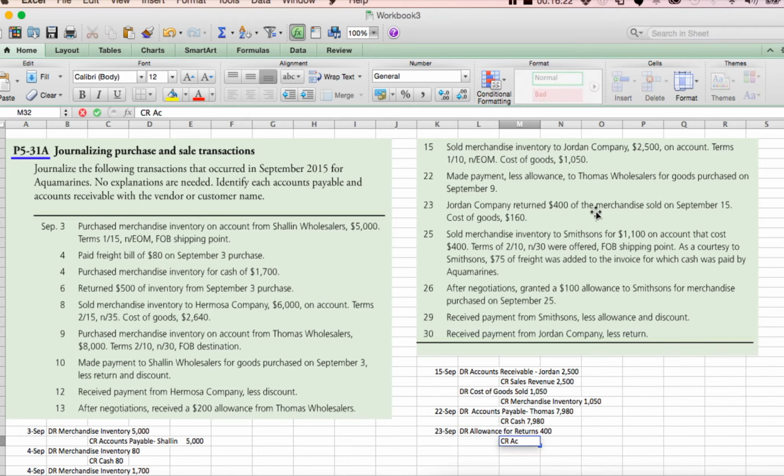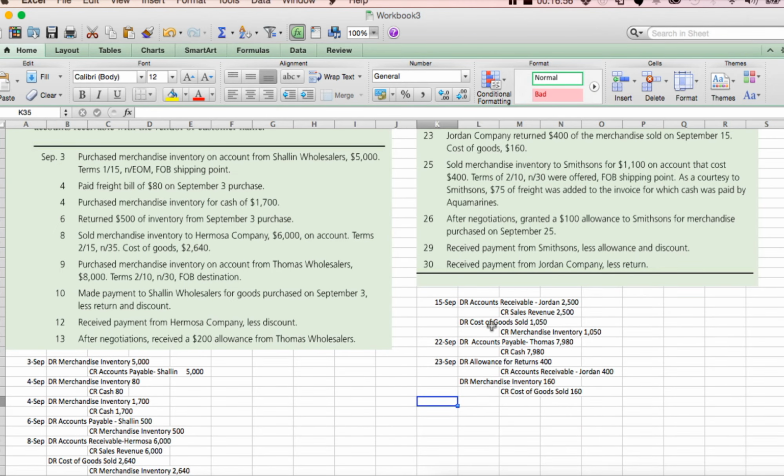A credit to accounts receivable Jordan, $400. And then we'll just reverse the inventory effect of that. So we'll have a debit to merchandise inventory for $160. And a credit to cost of goods sold for $160.